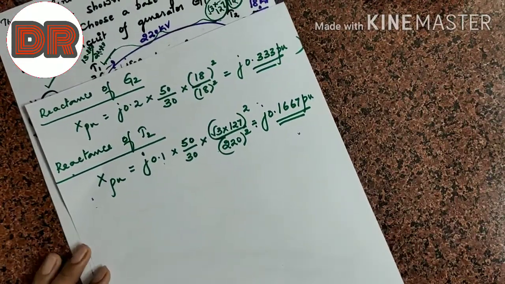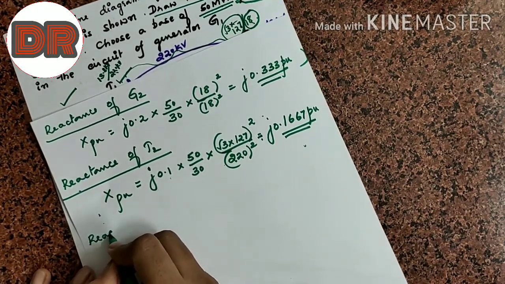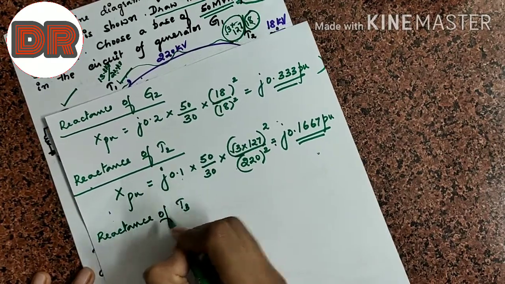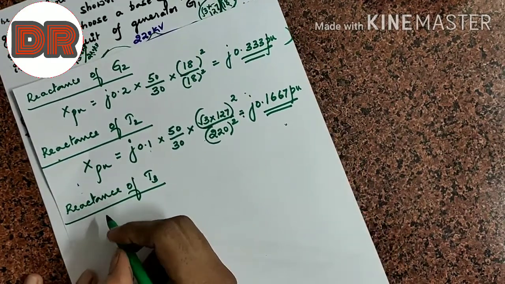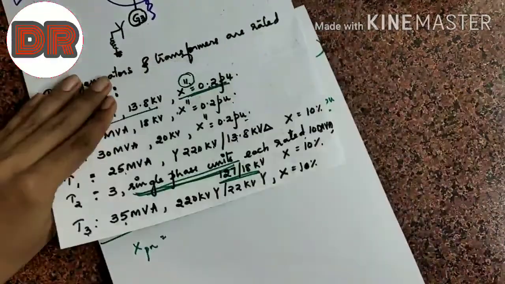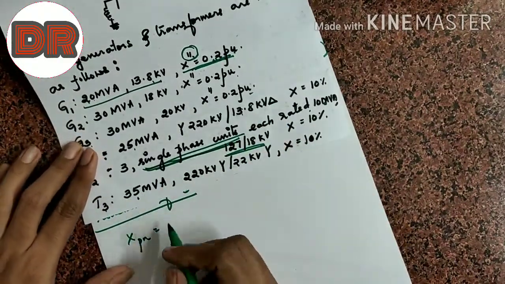Next we have to calculate for T3 and G3. So reactance of T3, transformer 3. X per unit will be equal to, so we don't have any problem here since it is a 3-phase transformer.